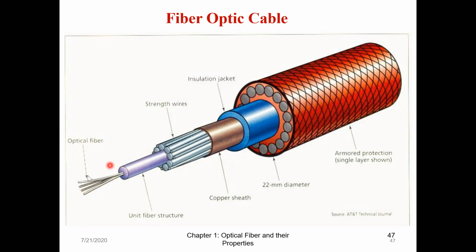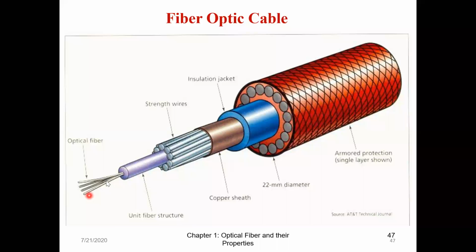So these fiber jackets are made up of different colors just to recognize a particular fiber. It does not mean that white carries more data, green carries voice data, blue carries telephone data, nothing like that. It is just so that when I'm joining the fiber, I join the right fiber.